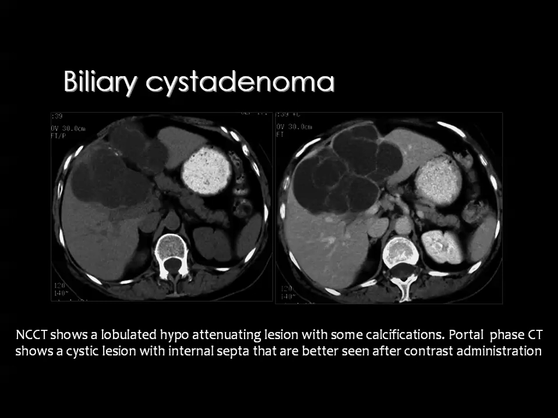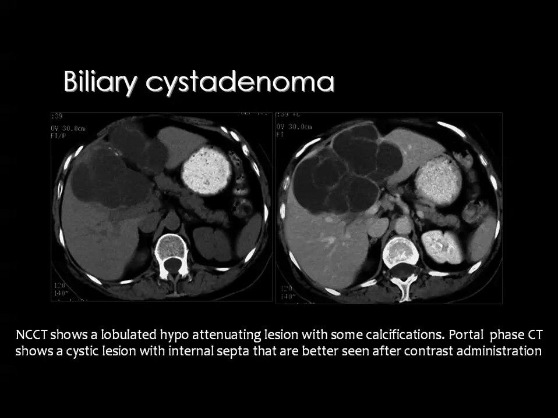But it is usually written in the books that there are no reliable signs to discriminate between biliary cystadenoma and cystadenocarcinoma. So the biliary cystadenoma, whenever it is diagnosed, should be removed because of its potential to turn into a malignant lesion.